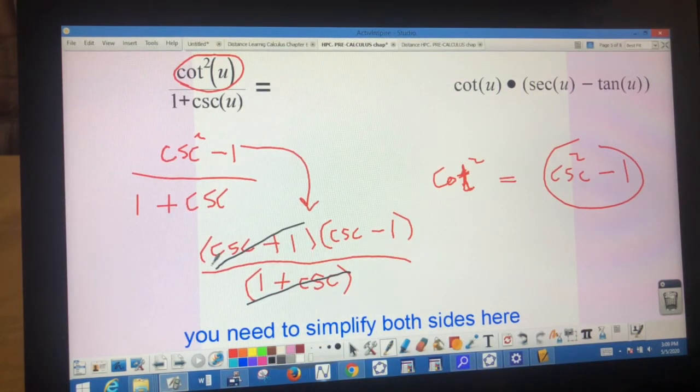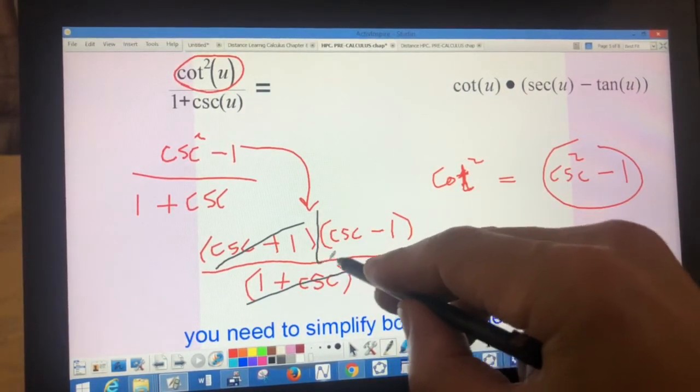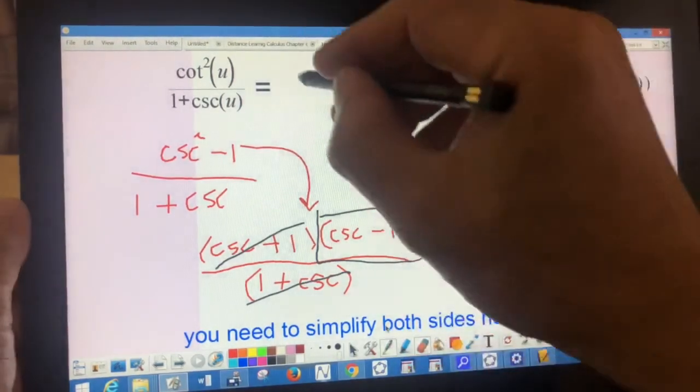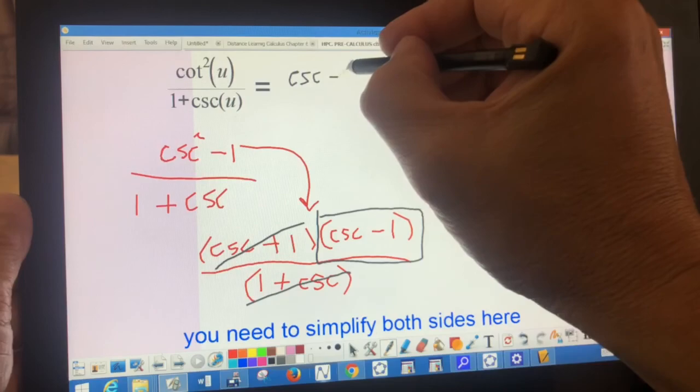So now your left side, after you finish all the left side, you only have this left. So I'm going to write cosecant minus 1.